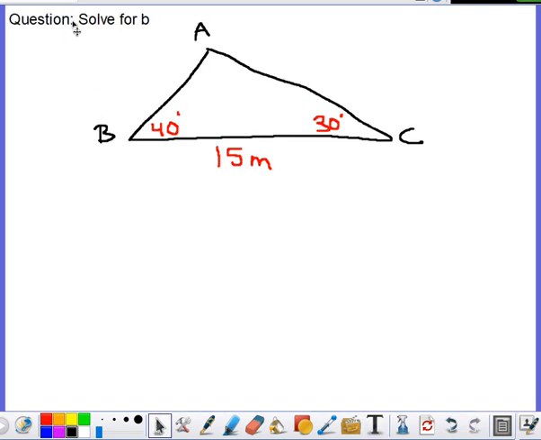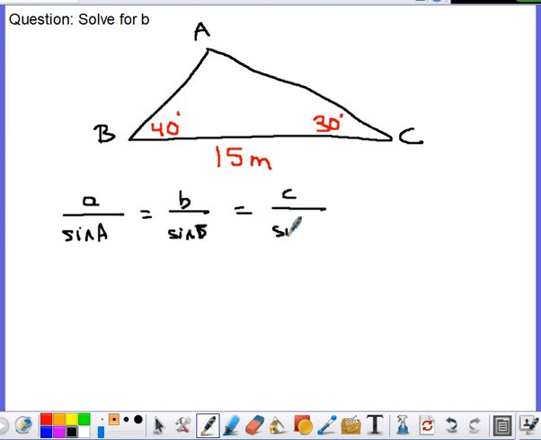In this situation, we're thinking, oh, we're solving for side B, so we're going to use the sine law where the sides are on top. That means a over sine A equals b over sine B equals c over sine C. Then, if you're following the notes, they often tell us to substitute the values that we know into the equation.